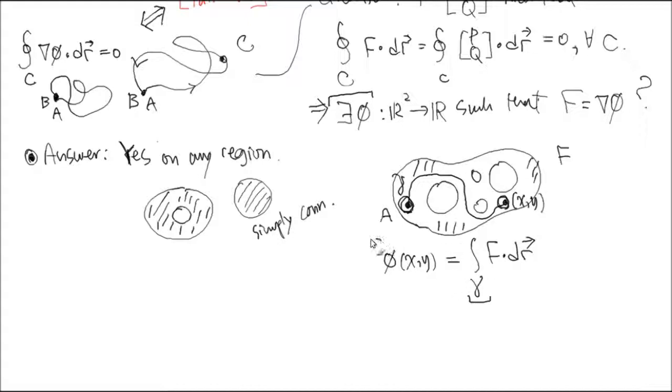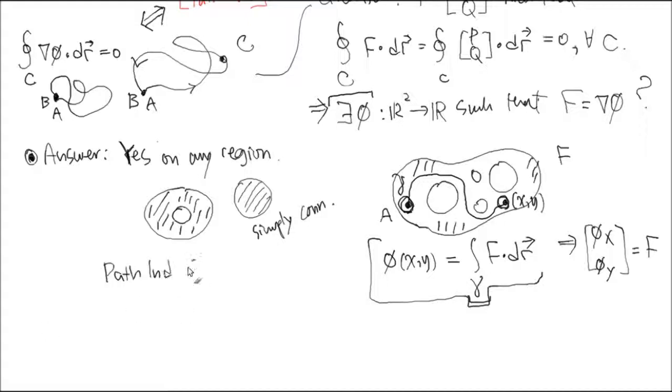With that definition, you have the property that locally the gradient vector of this thing matches exactly that thing. So here the answer is that this path independence property is equivalent to being a gradient vector field, a conservative vector field, on any type of region, and that's the strength of it.